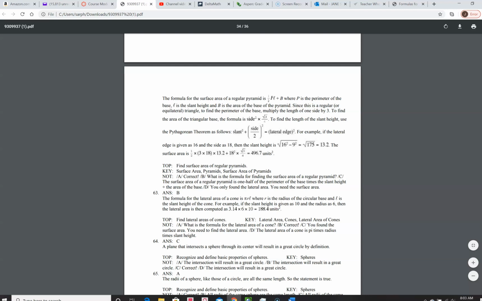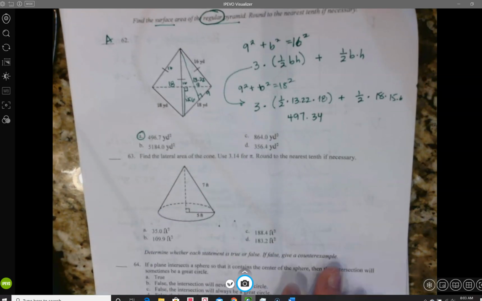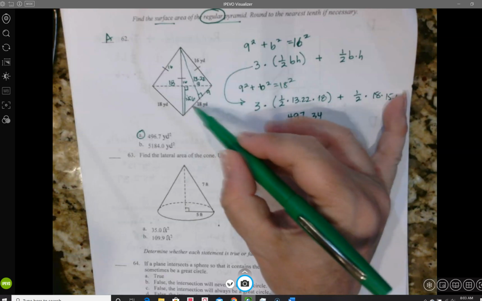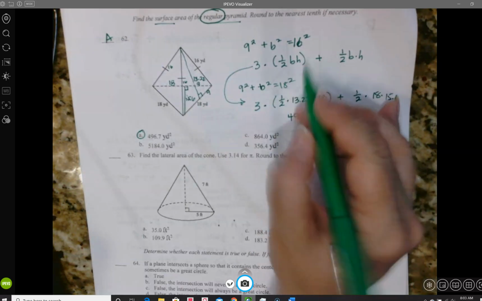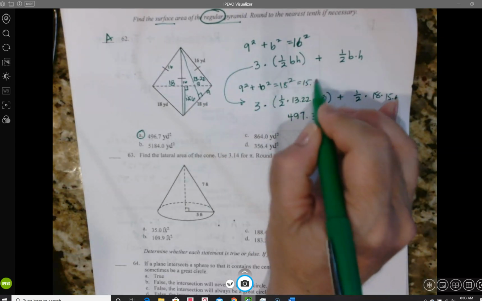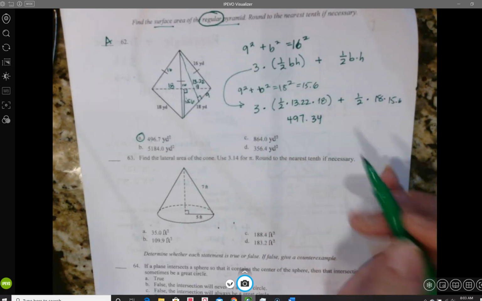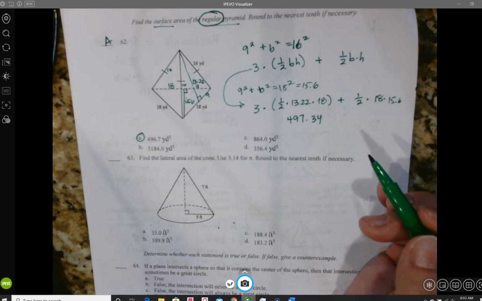And A is going to be the closest to that. Oh gosh, and I forgot to put my camera back on. So here's all my work for that. Here's where I figured out the height of the base triangle, and I got 15.6 for B. And then here's where I substituted everything in and found the solution.